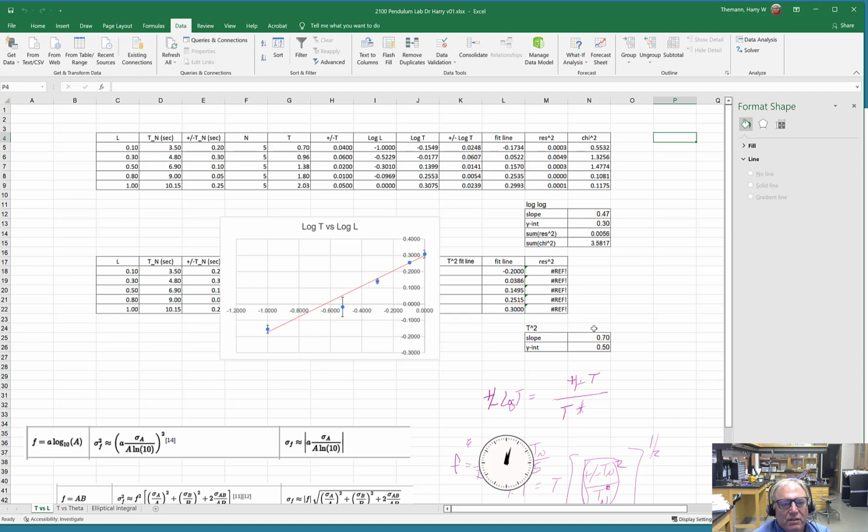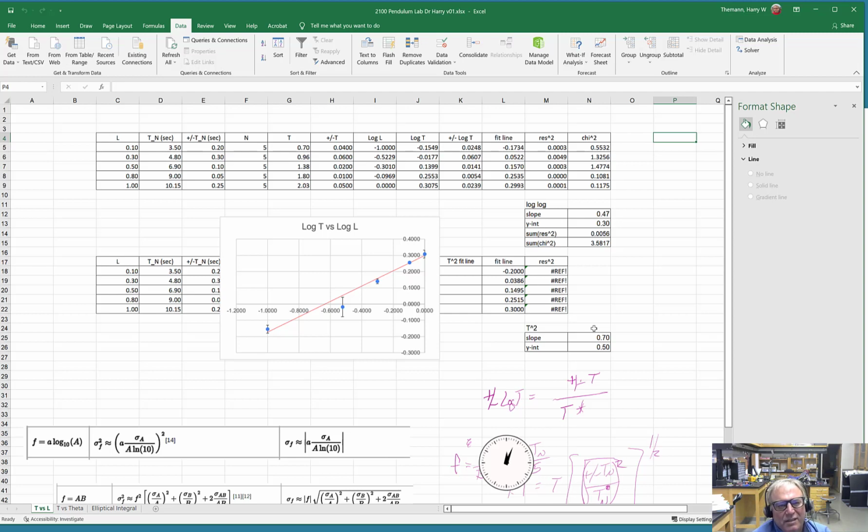And if I looked at only the residuals, for sure the sum of the residuals is going to be negative because that one point is so far below. But that's okay because now it has a large error bar.